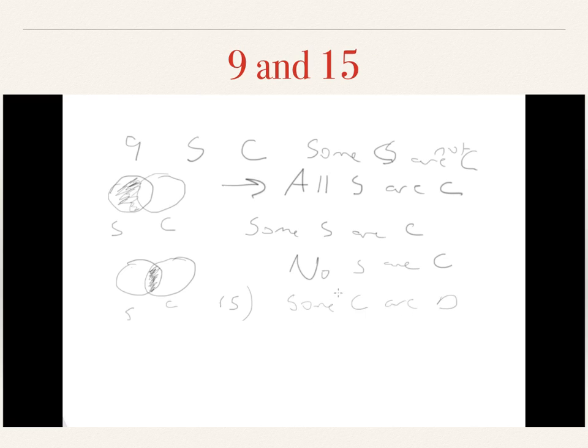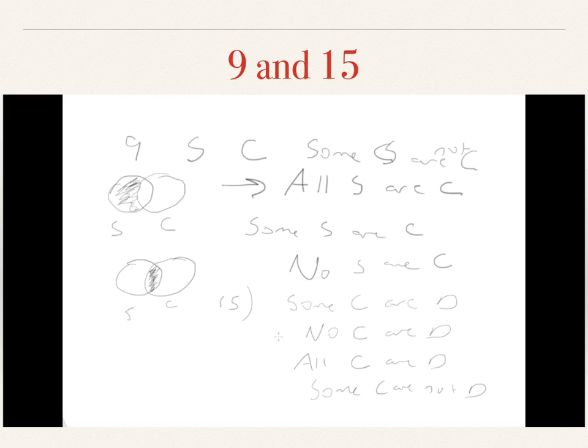We're getting the negation or contradiction of that, which is no C are D. The second claim is it is false that all chocolate soufflés are desserts containing olives, so all C are D. The contradiction of this is some C are not D.